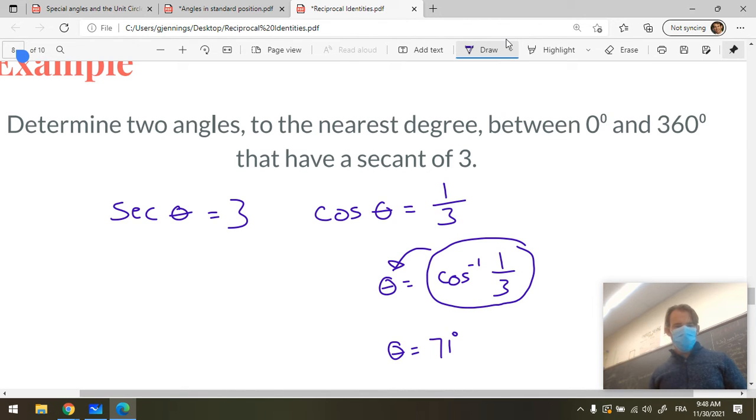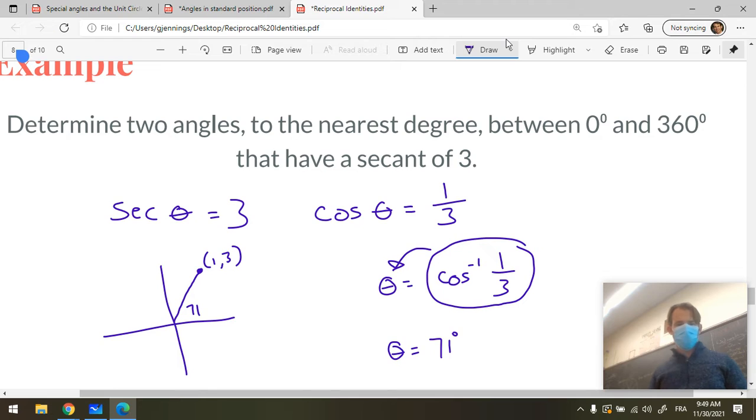So I know now that this angle, 71 degrees here, could be finishing at the point 1, 3. That could go through the point 1, 3. 3 in the y.